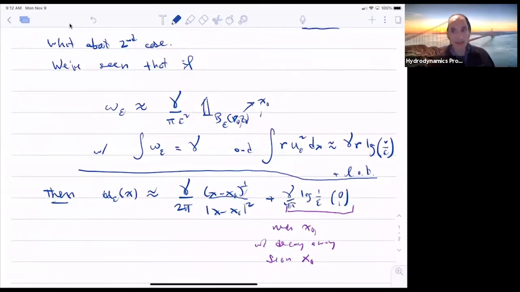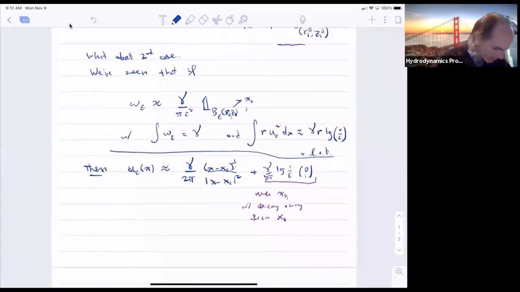Okay, so this is the, whereas the first term is valid not just near x naught, but also as you move away. So this 1 over distance decay is valid more generally.